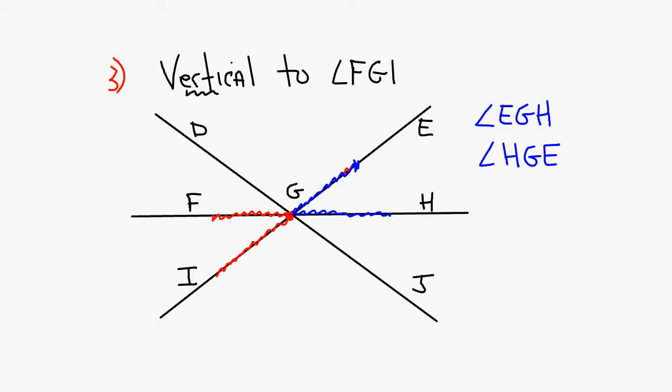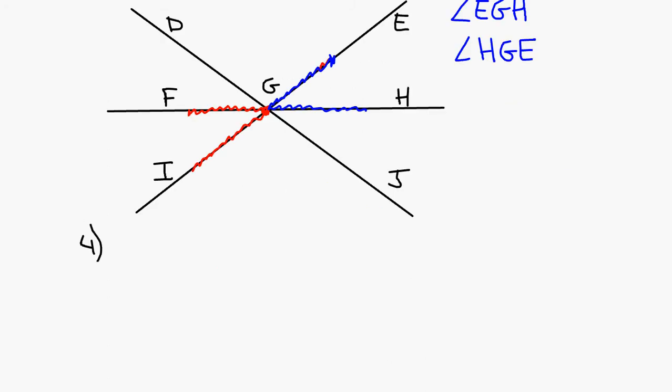In the very next question, I'm going to leave this diagram up here, because number 4 says to name an angle adjacent to angle DGE.